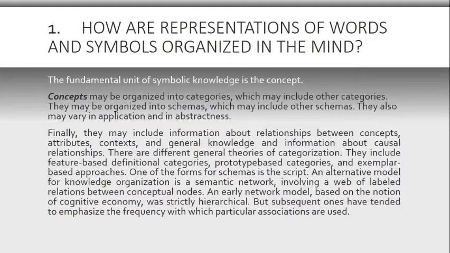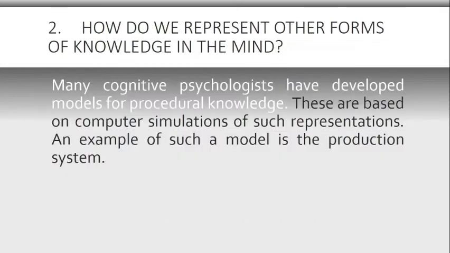An alternative model for knowledge organization is a semantic network involving a web of labeled relations between conceptual nodes. An early network model, based on the notion of cognitive economy, was strictly hierarchical, but subsequent ones have tended to emphasize the frequency with which particular associations are used.